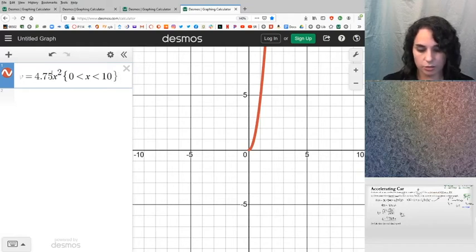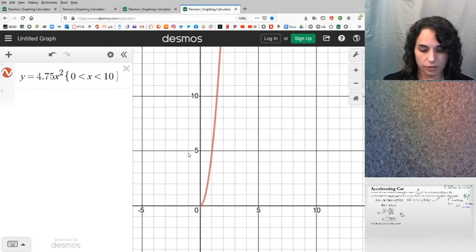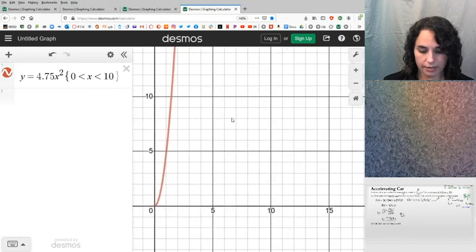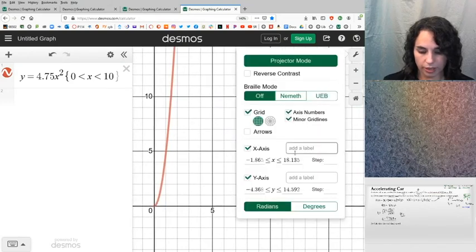Okay, so let me adjust the graph here. We'll get this, we can view it, and I'm going to extend the axes a little bit. I'm going to zoom in, and this is zooming in on Desmos. You just adjust the scale for each. On a calculator, this would be the zoom function. You can rescale the picture. So let's see, it says 9 seconds.